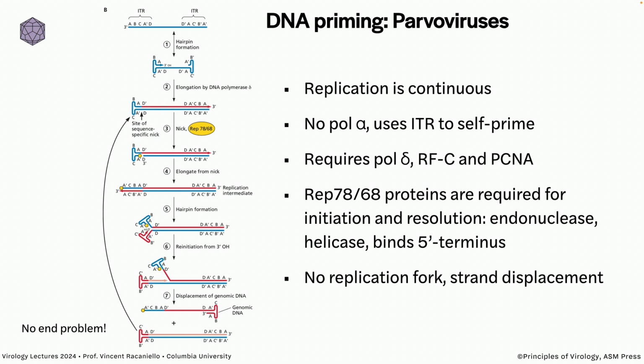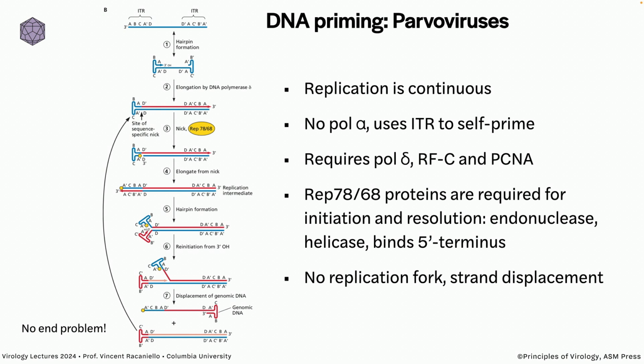That protein makes a nick in the double-stranded DNA where it says site of sequence-specific nick between A prime and D. That is nicked by this enzyme, which is made once the viral genome is transcribed into mRNA, and the mRNA goes out in the cytoplasm. It's translated to Rep78/68, then goes back into the nucleus, right? It nicks that, and then it remains attached to the DNA. It's like an origin binding protein, because that's the origin of DNA replication.